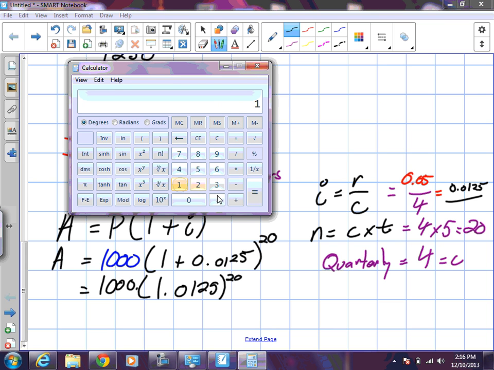1.0125 to the power of 20 equals, not that big of an increase. It's still 1.28, right? But I want you to think of this idea. 1.28. What's 0.28 as a percentage? 28%. Does anyone remember what our percentage was in the simple interest at the end? 1 point something.